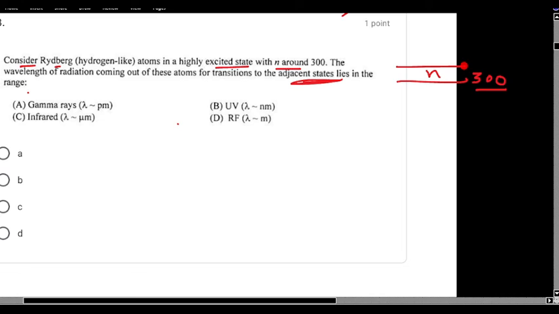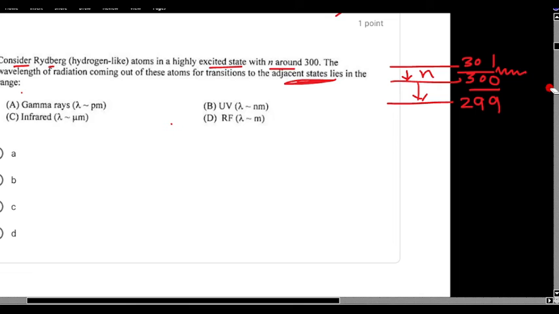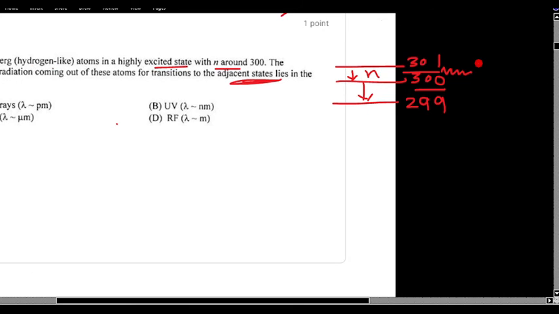When the transition happens to 301, or let's suppose the state below, 299, some energy is going to be released in the form of h nu, and from there we will get lambda.